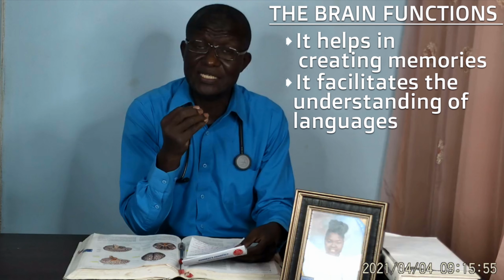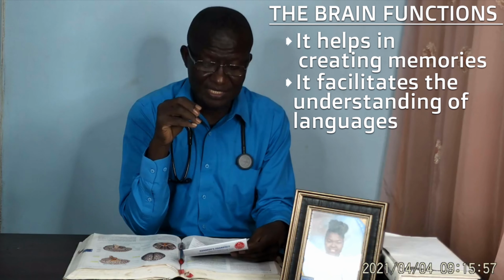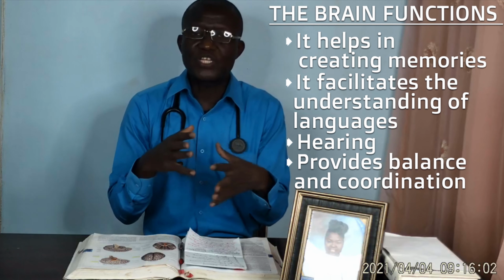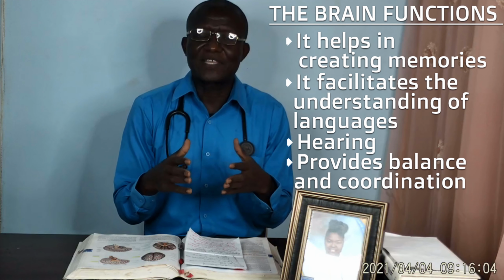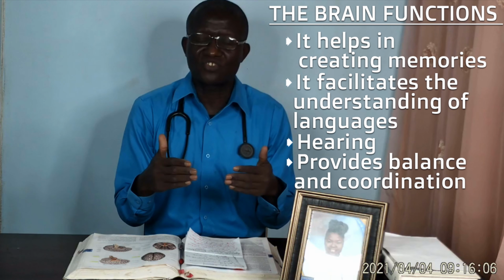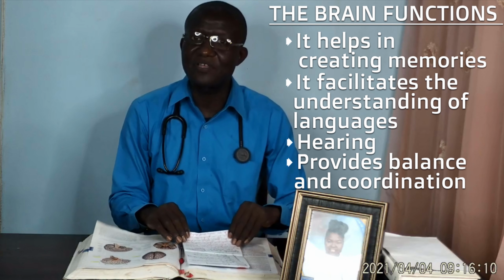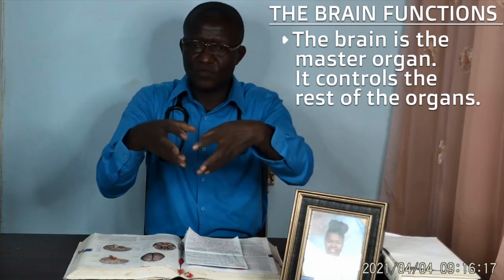Understanding languages, interpreting languages, the brain is behind. Hearing, the brain. Balance, coordination. And sometimes we ask patients, close your eyes, try to walk. They cannot walk. You know something is just not right with the brain. Vision, right? And then in every area of the brain, there are functions for that area, all right? And if stroke hits one specific area, that means the function performed by that area is going to be affected.